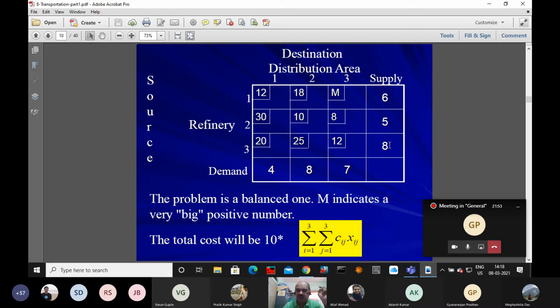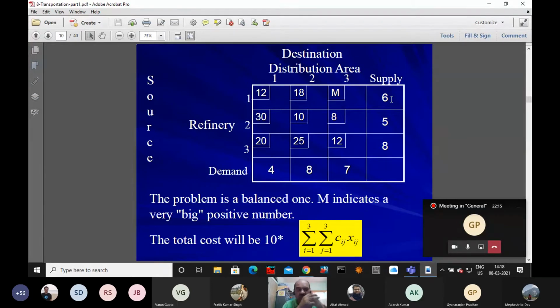And what is the demand? At the first destination 4 units, at the second destination 8 units, and the third destination 7 units, altogether 4 plus 8 plus 7, that is 12 plus 7, 19 units. Supply and demand are 19 units together, so it is a balanced transportation problem.